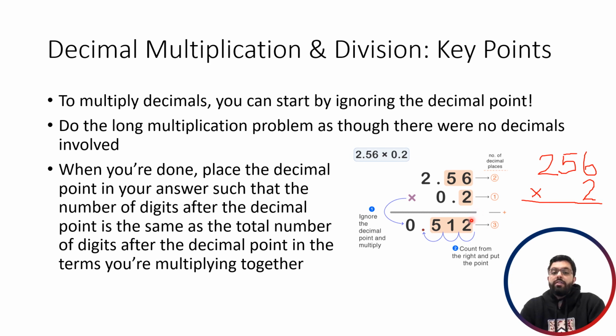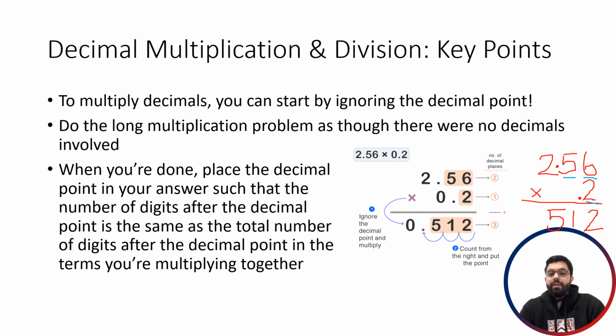So we got an answer of 512, right? If you wrote this out just ignoring the decimal point entirely, that would be 512. But then you think, oh, hang on a minute, I had a decimal point here and I had a decimal point here, which means that I've got 1, 2, 3 digits after the decimal point.